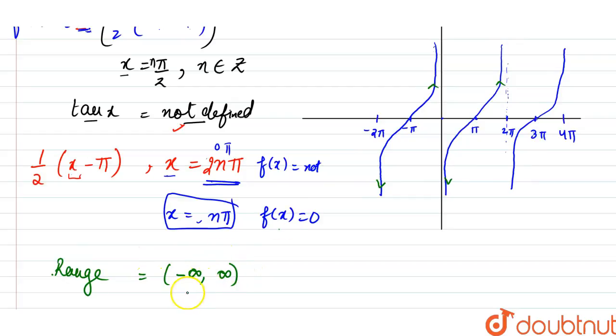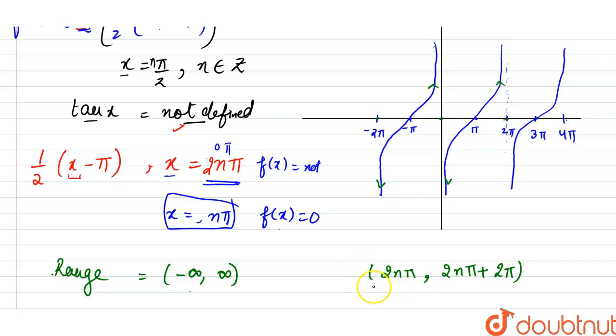We can see that the function f of x attains its values in every interval from 2n pi to 2n pi plus 2 pi. So it takes the values from 0 to 2 pi, then again from 2 pi to 4 pi, and similarly here from minus 2 pi to 0.